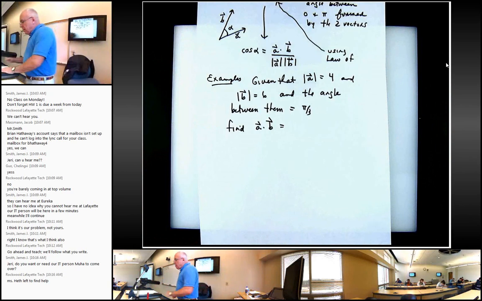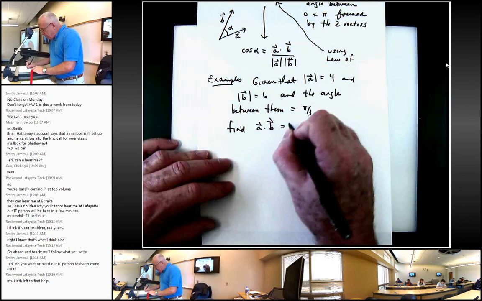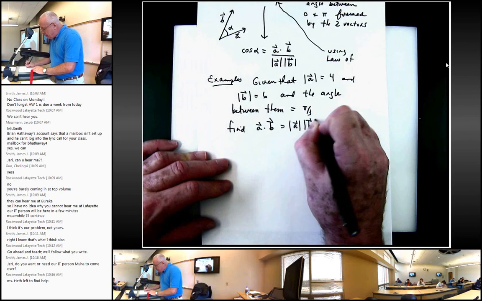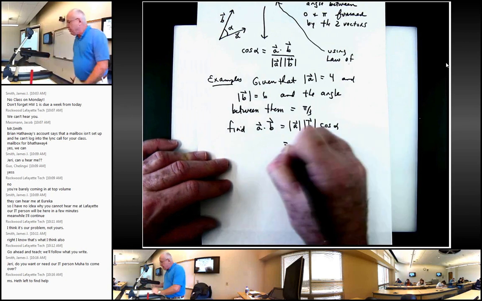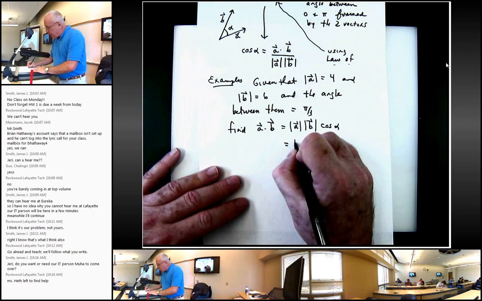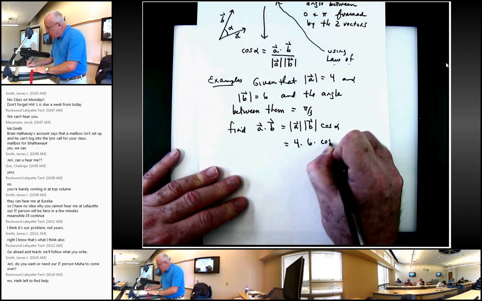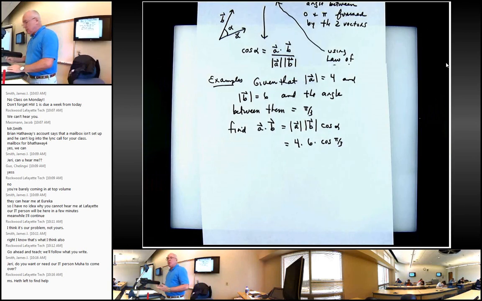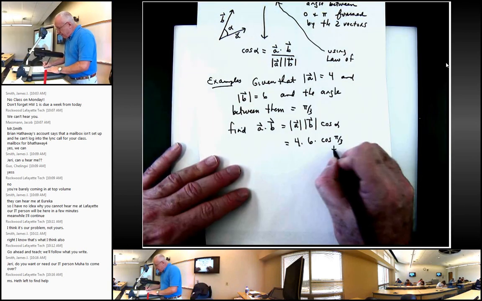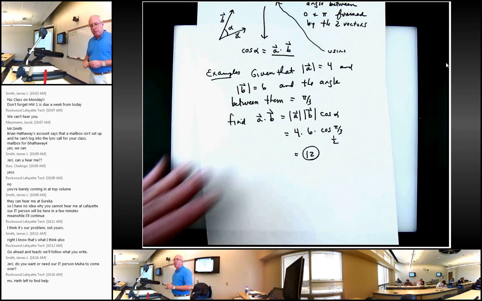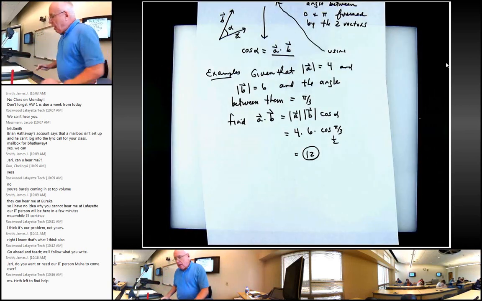The dot product is the magnitude of A times the magnitude of B times the cosine of the angle. We're handed all this stuff on a plate. That's going to be 4 times 6 times the cosine of 60 degrees, and cosine of 60 degrees is 1/2. So therefore, this dot product is equal to 12. Okay?